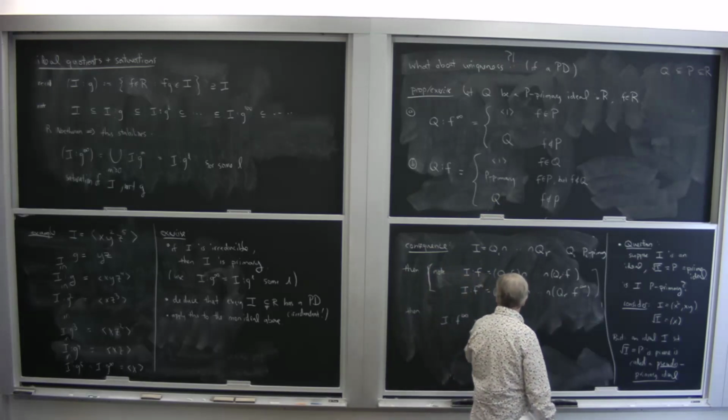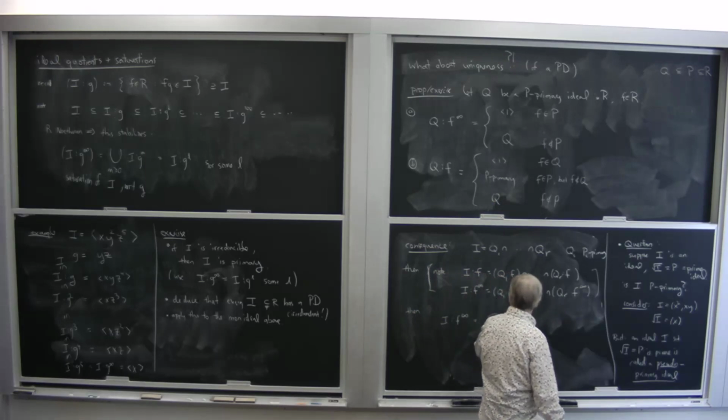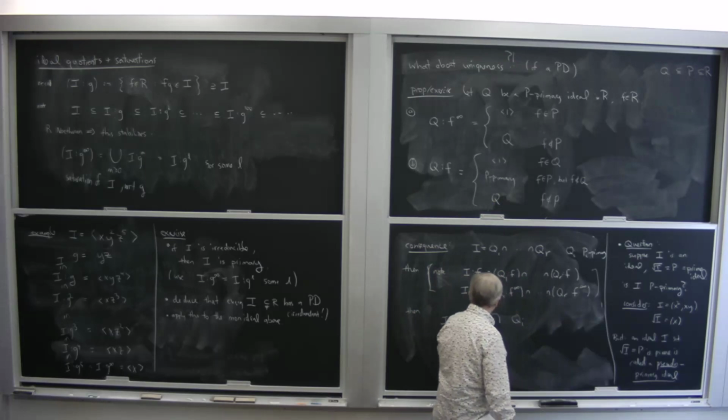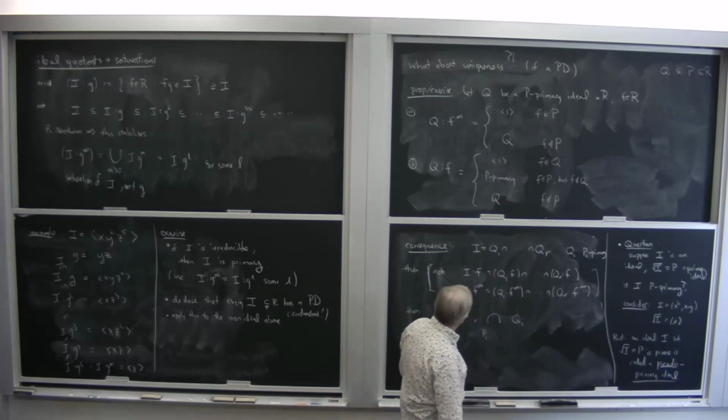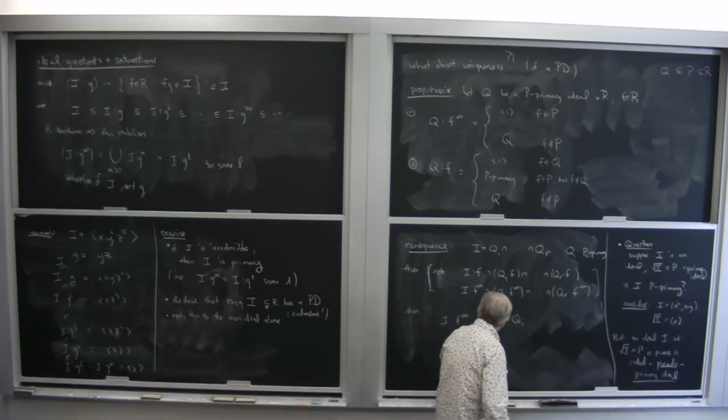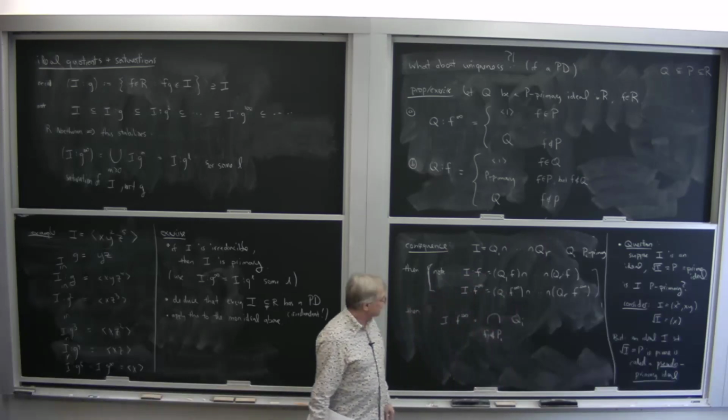So this is the intersection over each, and this is equal to the Q sub I, where P sub I where F satisfies what with respect to P sub I? Yeah, so I want to say that F is not in P sub I. Okay.